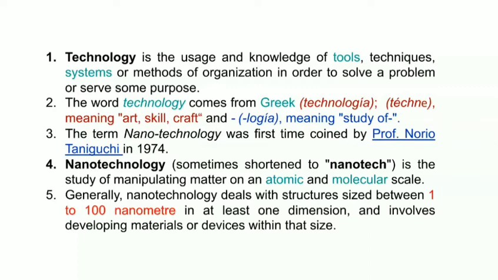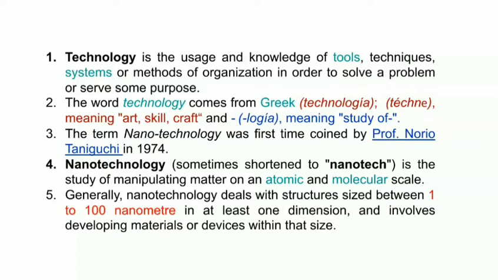The word technology comes from Greek, and if you break this word into techne and logia, the meaning of techne is art, skill, or craft, and logia means study of. So technology is nothing but the study of an art, the study of a skill.